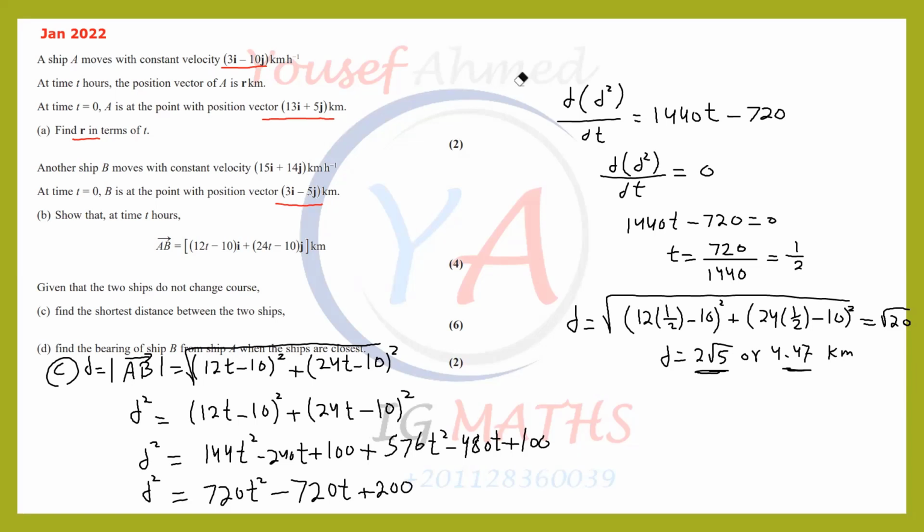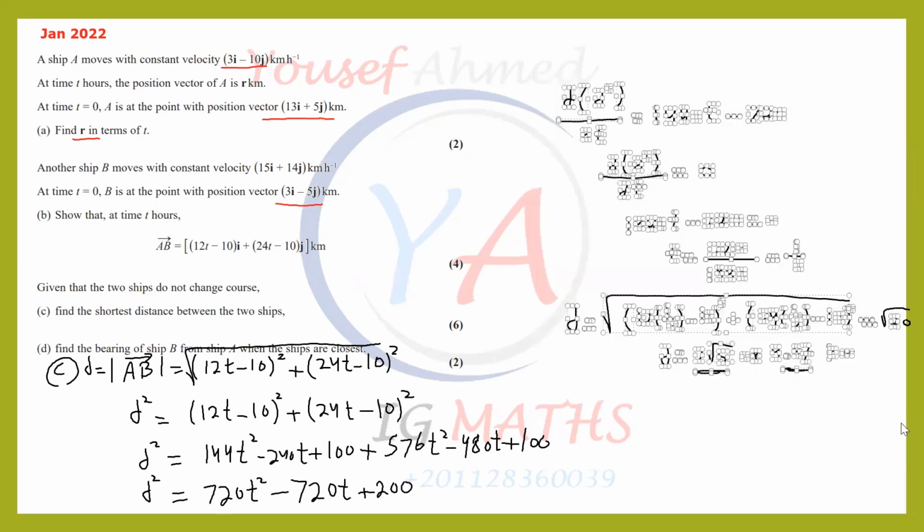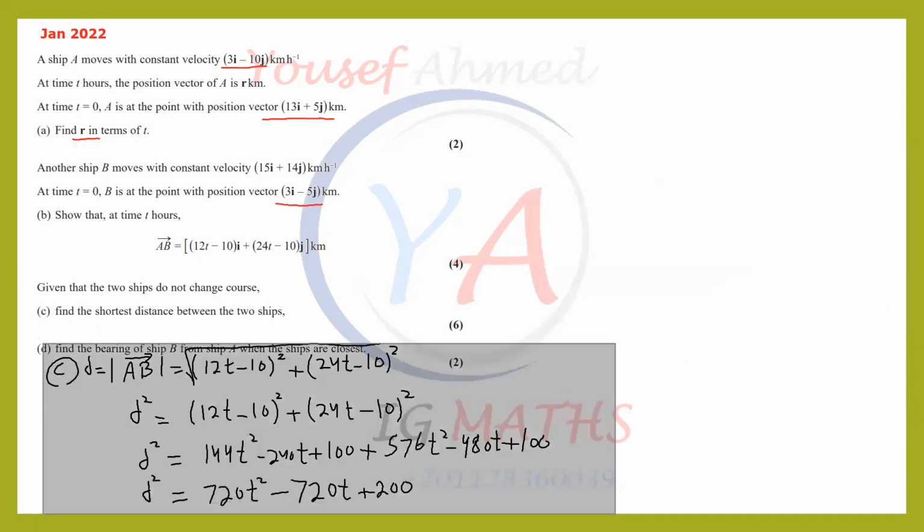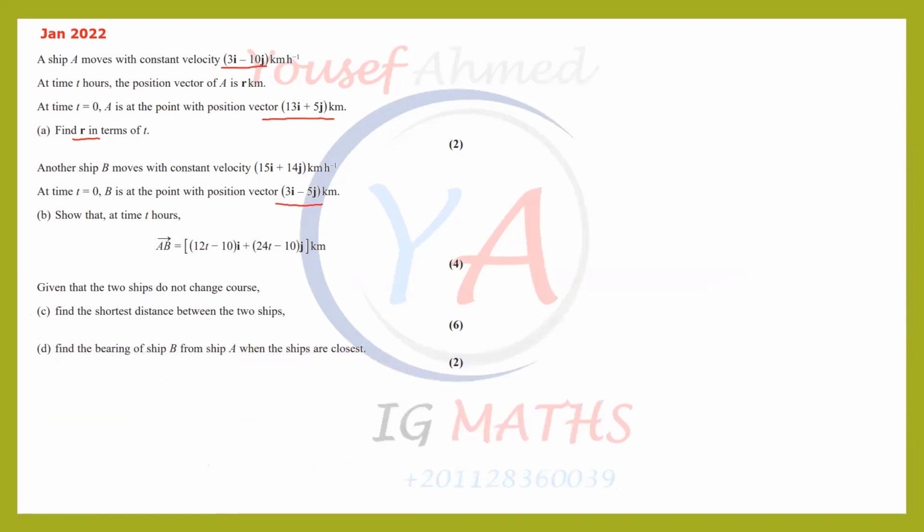For point D, we need to solve point D now. It says find the bearing of ship B from ship A when the ships are closest. When they are very close to each other, what was the time? The time was half an hour. So now we replace half in the vector AB to know the bearing.